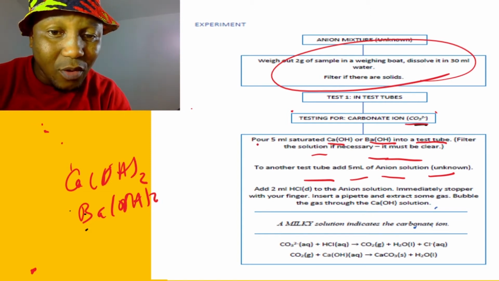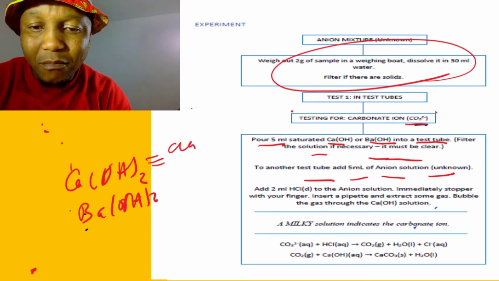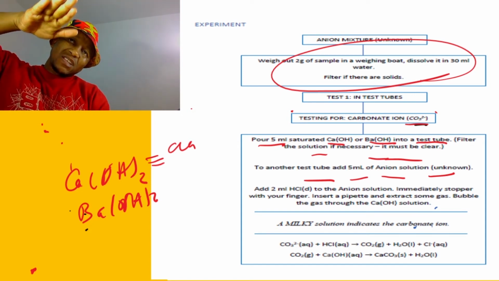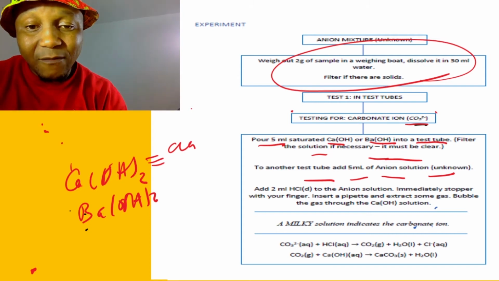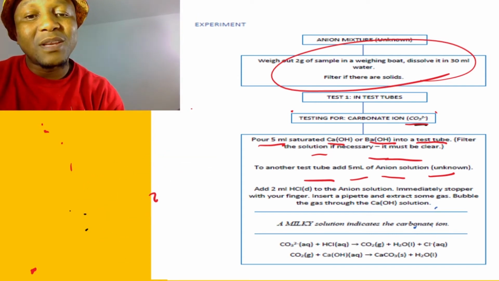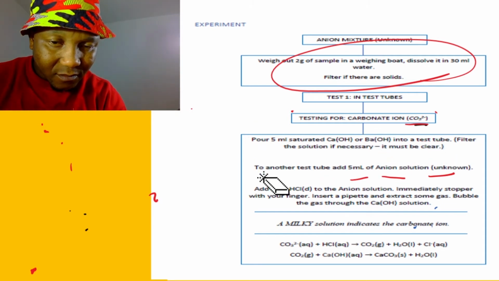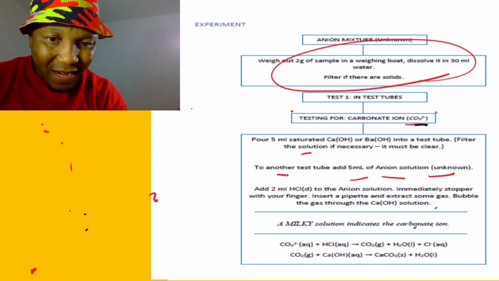Remember, this is going to be in aqueous form, so you pour it into another measuring flask and measure 5 milliliters, and then after that, filter, and then they say add to another test tube.